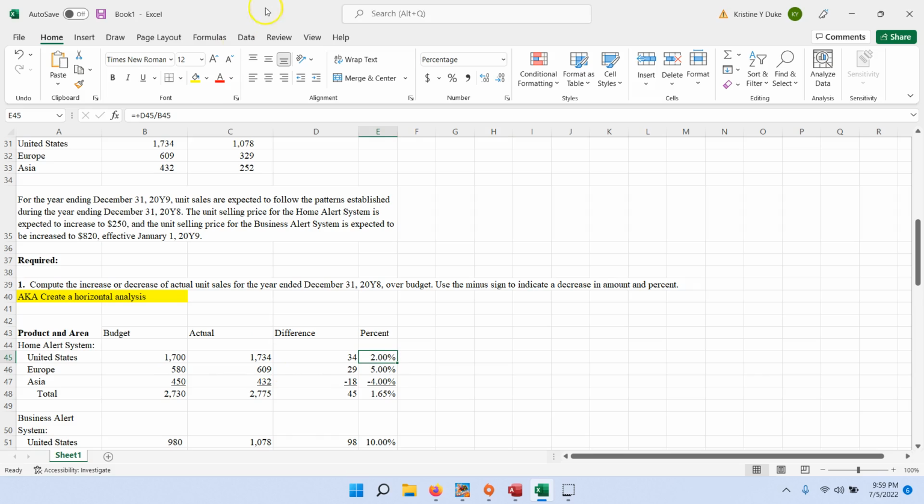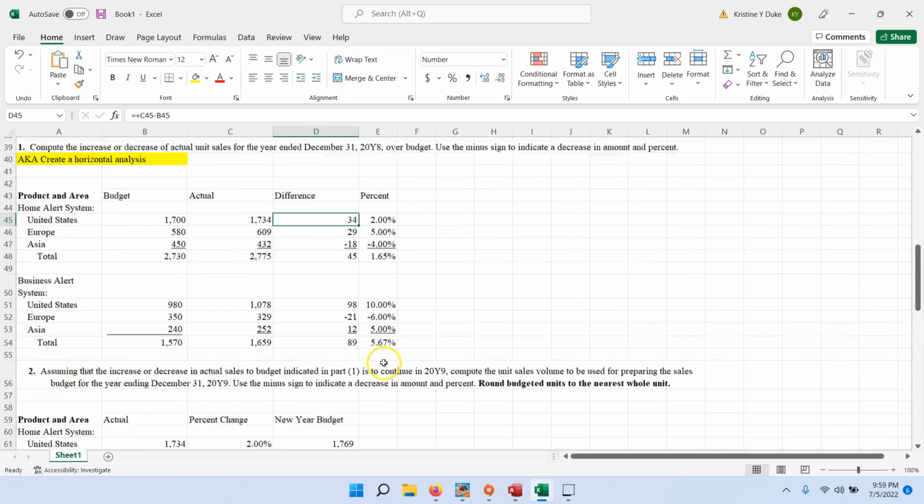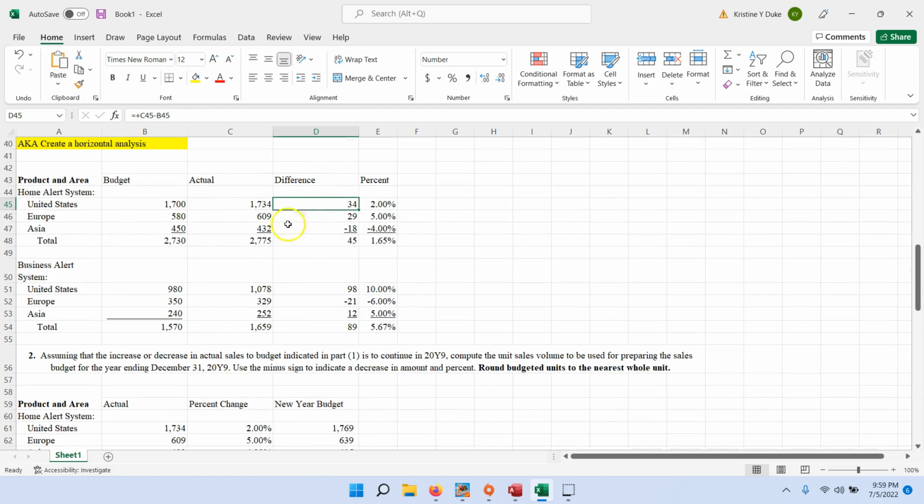You can see my formula is right up in here, and I'm going to give you this Excel file as well. I did that all the way down, creating that horizontal analysis to figure out the percentage difference between the units budgeted and actual.